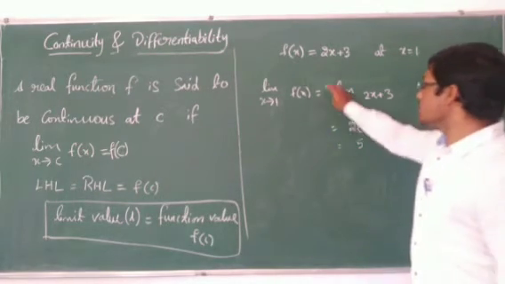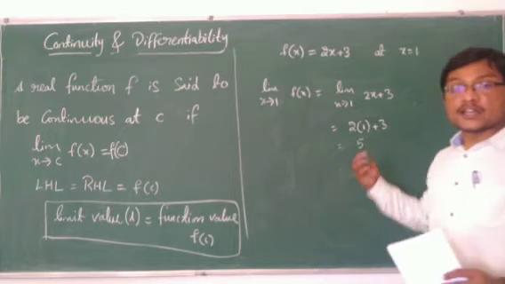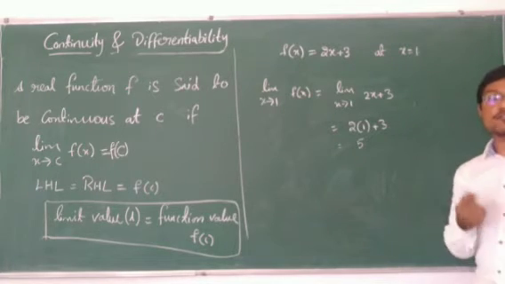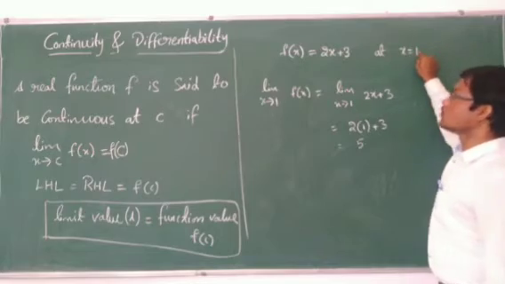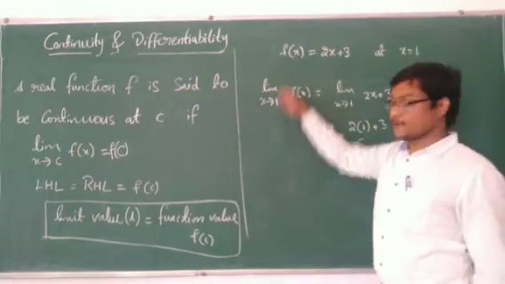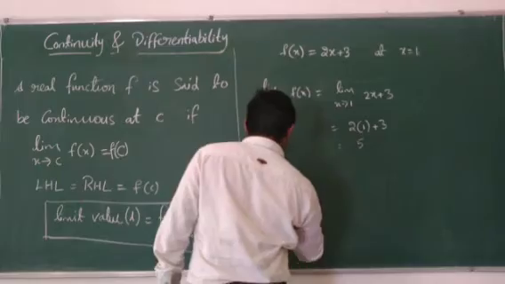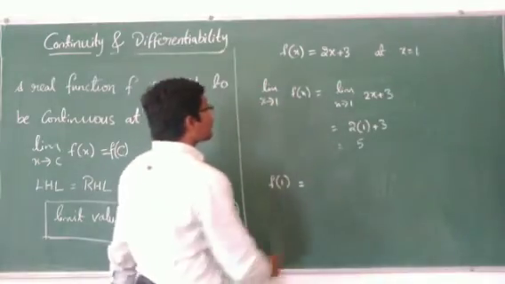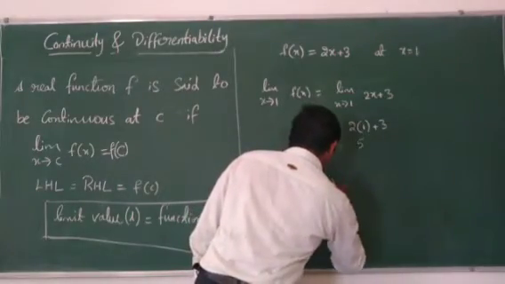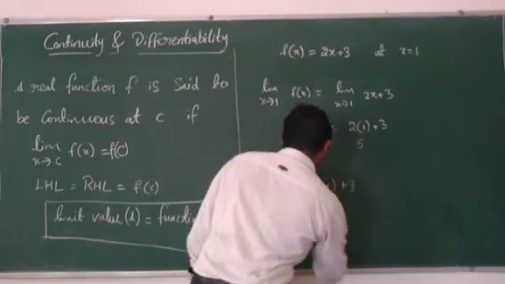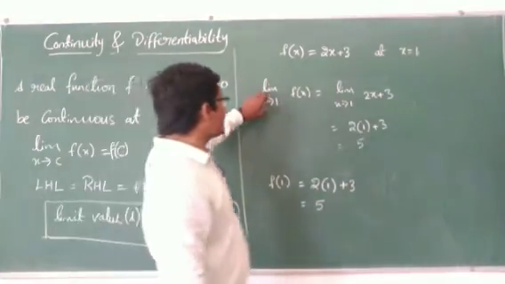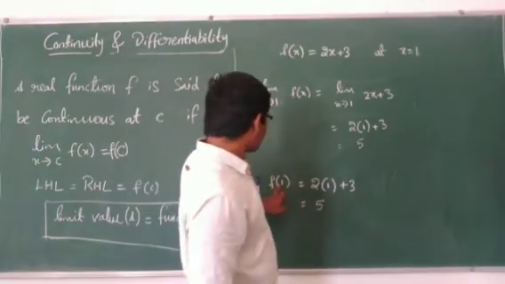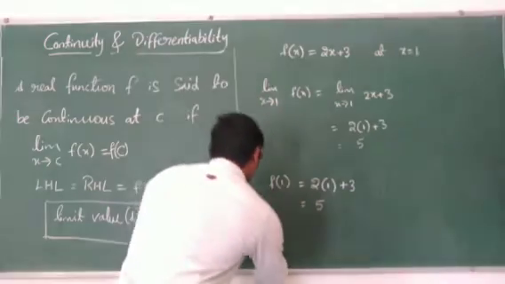In limits, we do only this much. But in continuity the extra thing that we need to do is substitute this value in the function, that is f of 1. f of 1 is equal to 2 into 1 plus 3, which is equal to 5. So what we are observing here is the limit value is also equal to the function value.